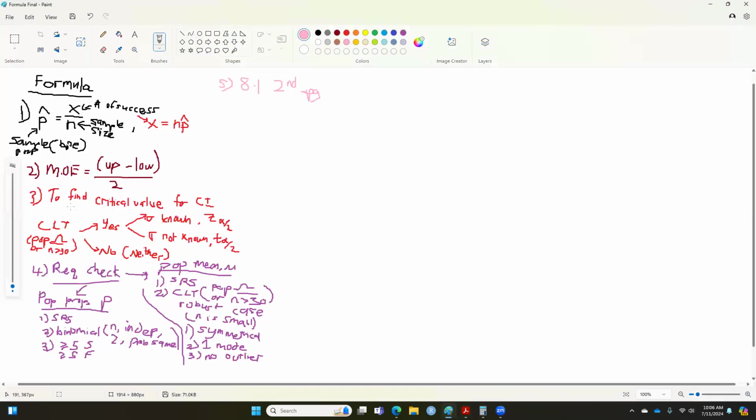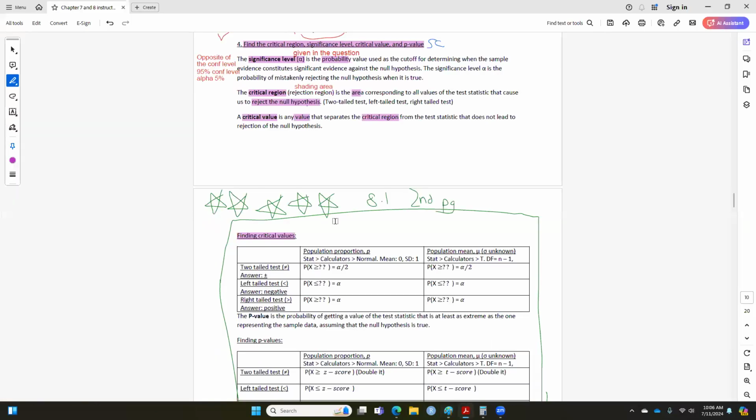If you remember, the critical value, number 3 in red here, is a little bit different. That is how you find the critical value for a confidence interval. The one that we're going to do here is finding the critical value for hypothesis testing.